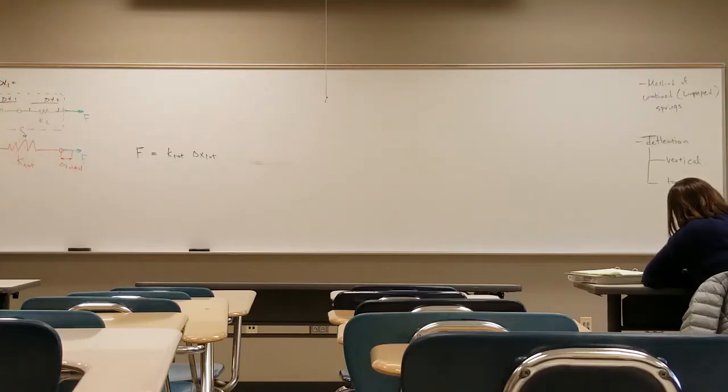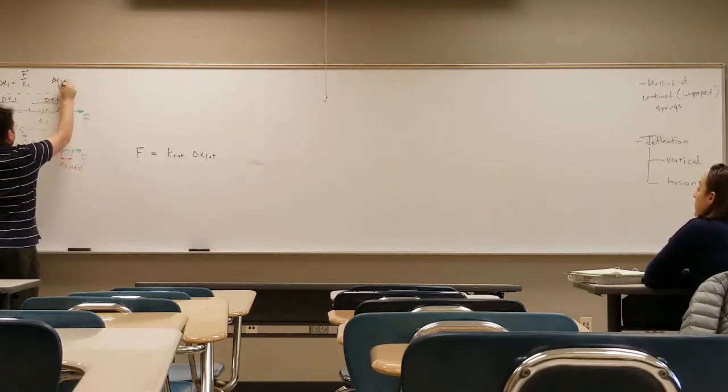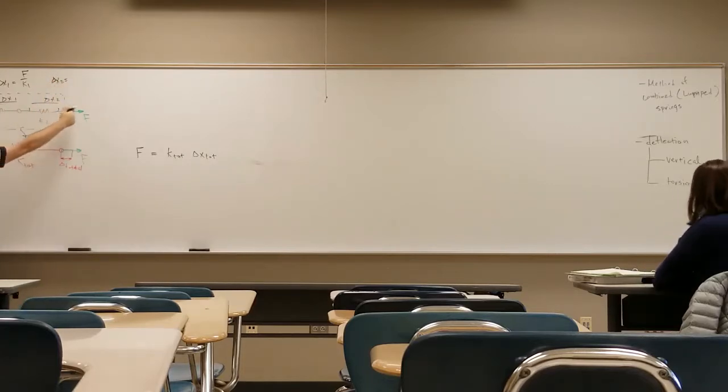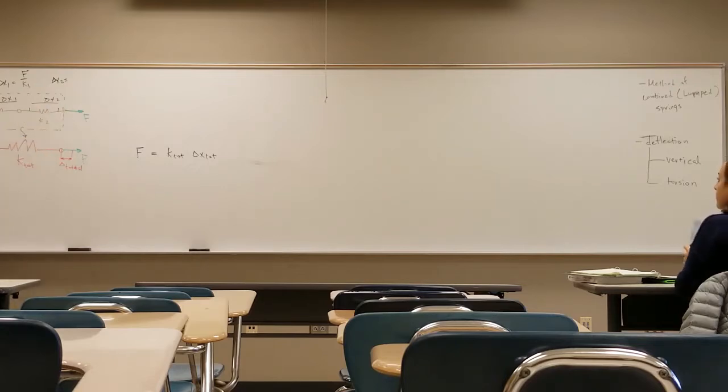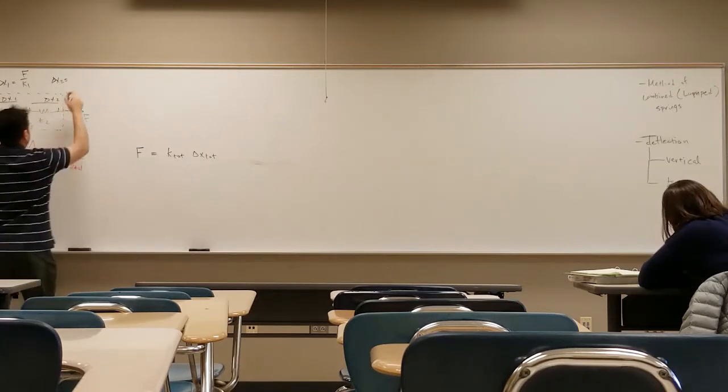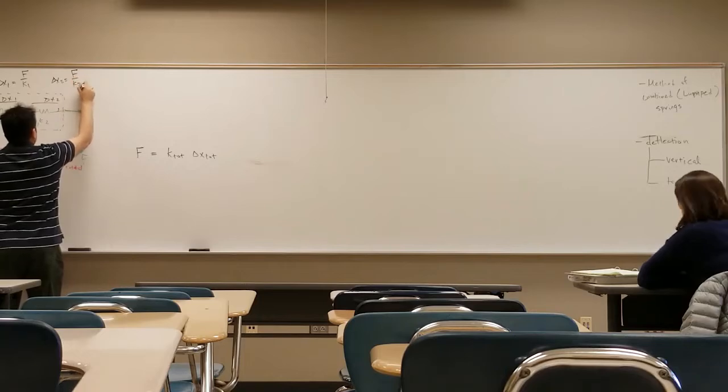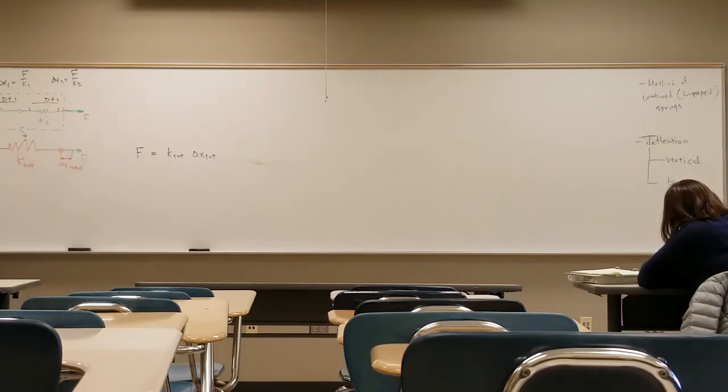It is the force in the spring, which is F, divided by K1. Right? What about delta x2? Delta x2 is equal to the force in the spring again, because they are connected in series, it's the same force, divided by K2. Right?